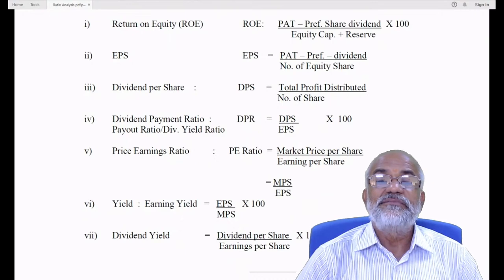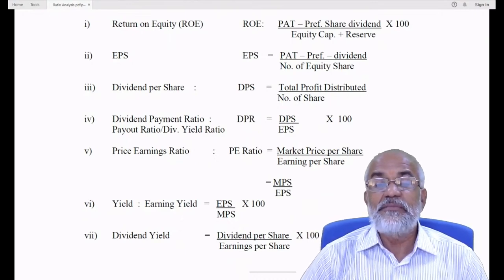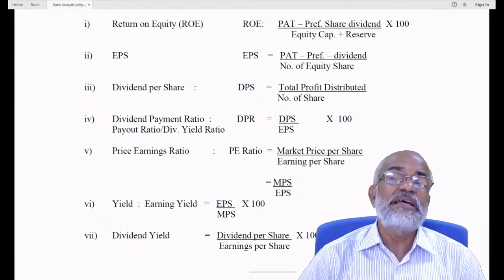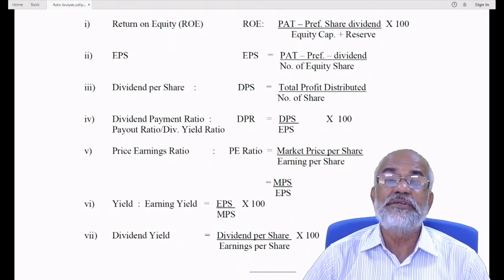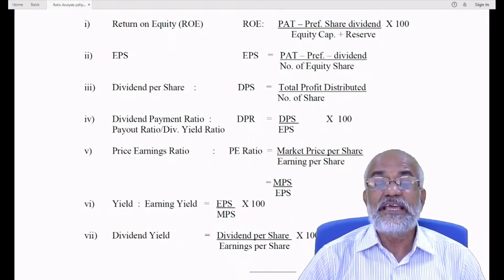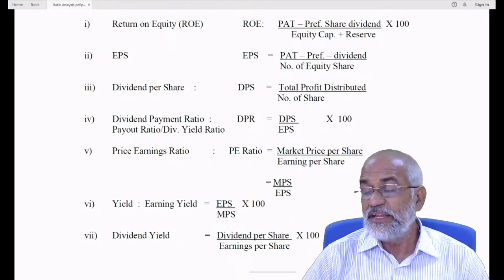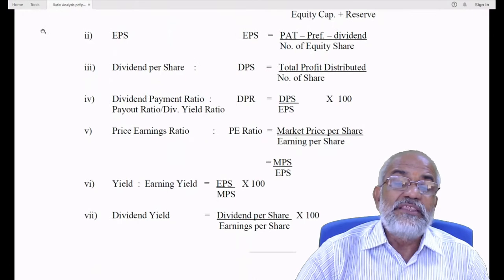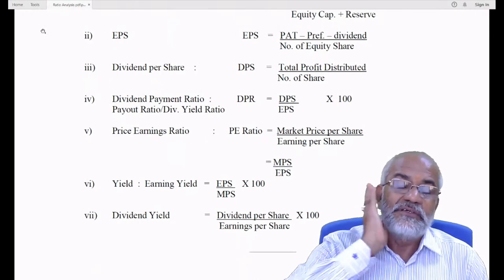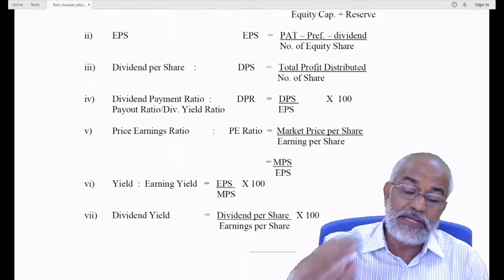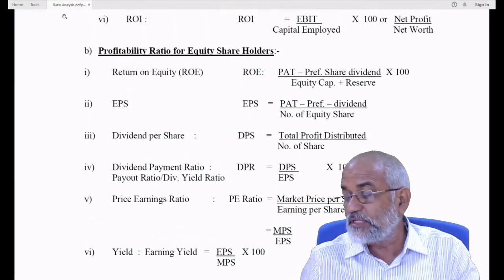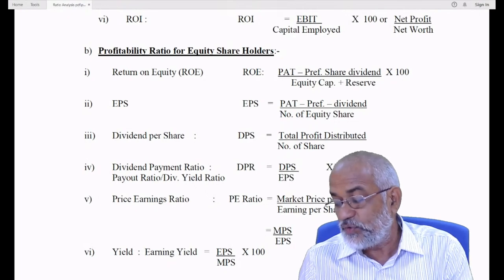Then the dividend yield ratio is the same as the dividend payment ratio or the dividend payout ratio: dividend per share divided by earning per share into 100. In this way, the different profitability ratios in which the shareholders are interested can be calculated.